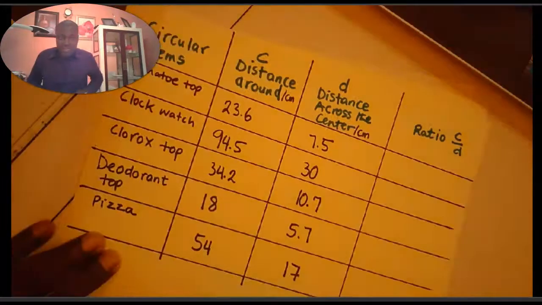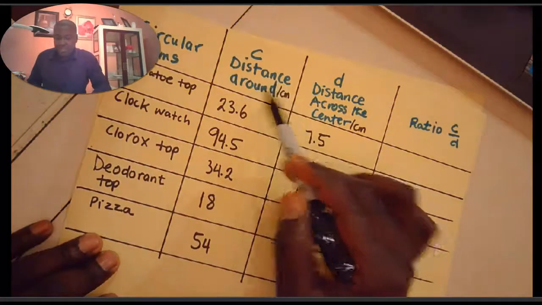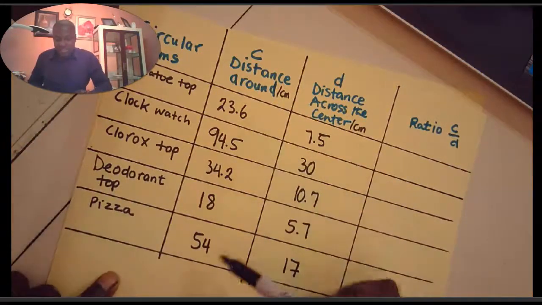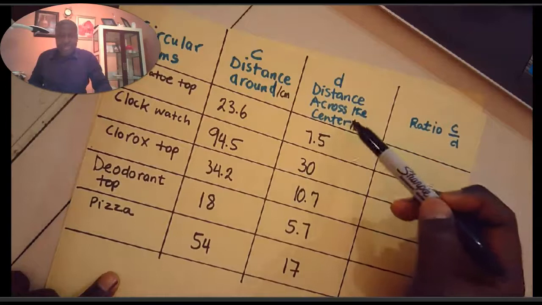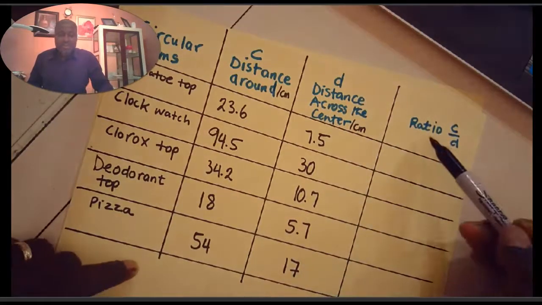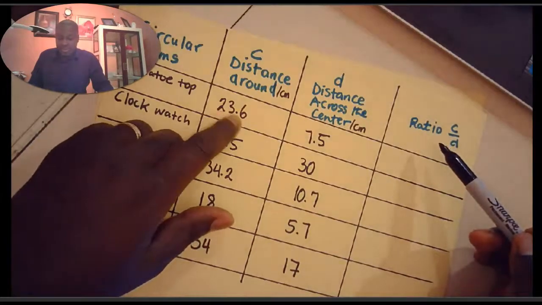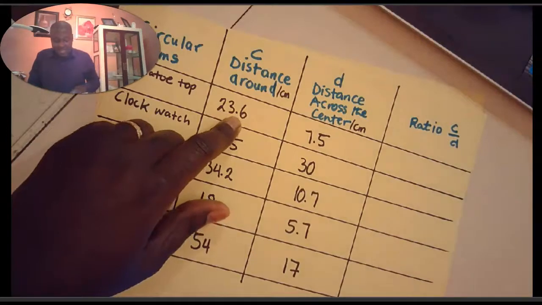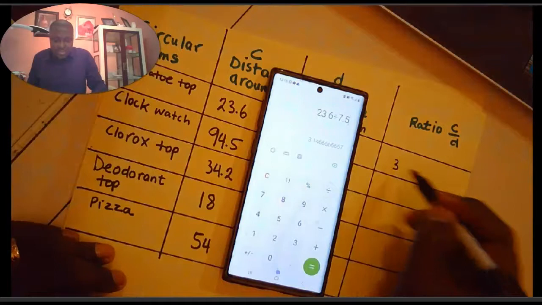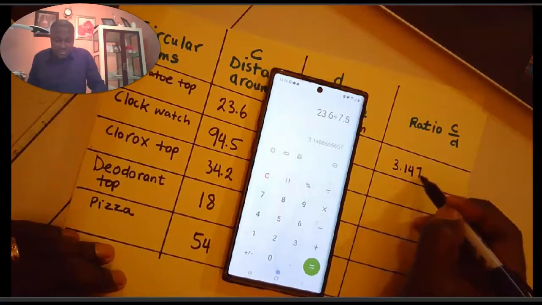All right, guys. So we were able to measure the distance around the items. So we got all those numbers, and then across the center, we got all these numbers. So here, when it comes to the ratio, we are dividing 23.6 divided by 7.5, and that gives us, rounding to 3 decimal places, 3.147 here.